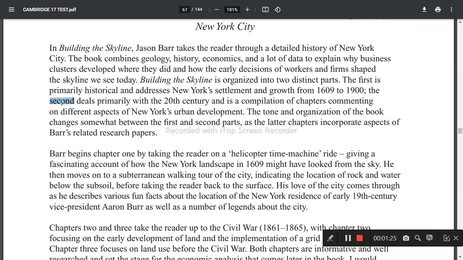The second deals primarily with the 20th century and is a compilation of chapters commenting on different aspects of New York's urban development. The tone and organization of the book changes somewhat between the first and second parts, as the latter chapters incorporate aspects of Barr's related research papers.